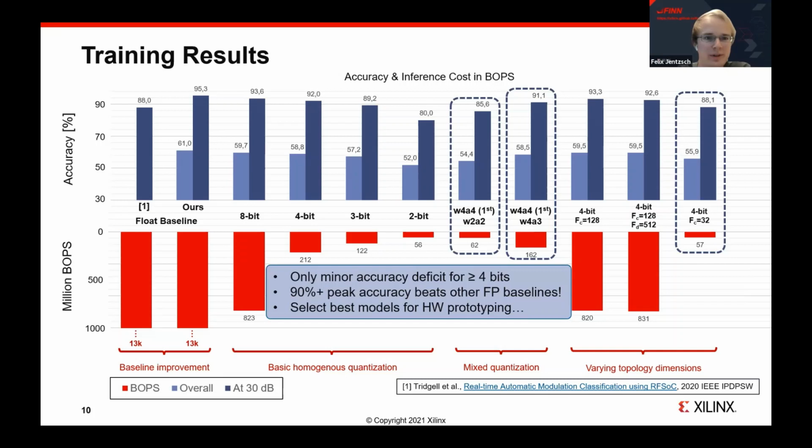So based on that, our main takeaways are that we only have a minor accuracy deficit if we stay at or above 4 bits, and that our peak accuracy for the highest in our case even beats our floating point baselines if you compare it that way. And then we selected, based on this, these 3 models here for further prototyping with FINN.